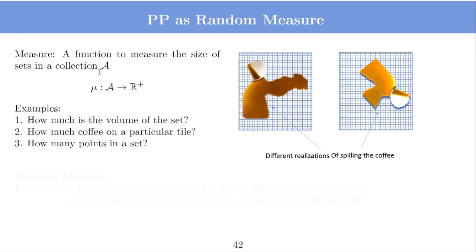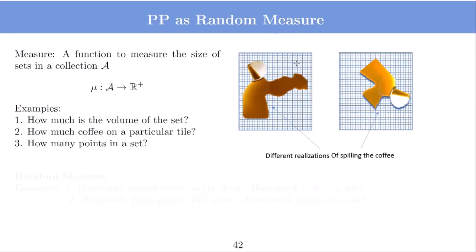An interesting other example which I take here is suppose I take this floor example, where the floor is divided into different small tiles. Okay, so the collection is made, each tile is one element, and the collection of all tiles is A here. And I want a way to measure the size of any set here. Okay, so one person can say that the measure of each tile is just the area of that tile.